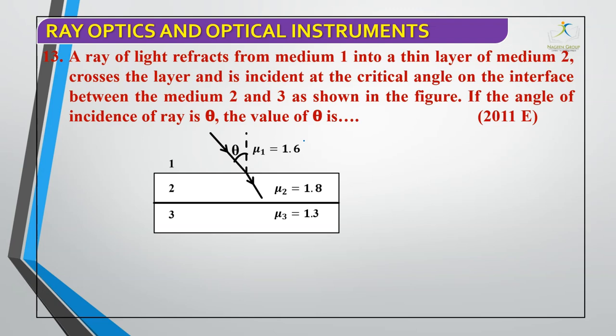Okay, mu1 is given, mu2 is given, and mu3 is given. So according to these values of mu, we can conclude the first medium is a rarer medium with respect to the second medium, and the second medium is a rarer medium with respect to the third medium. So if we are taking the second and third medium, the second one is rarer, and if we are taking the first and third, the first one is a rarer medium.